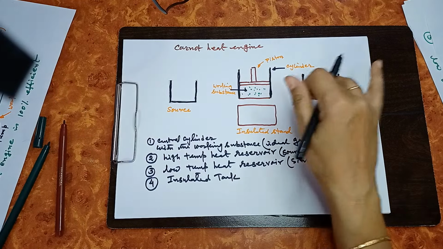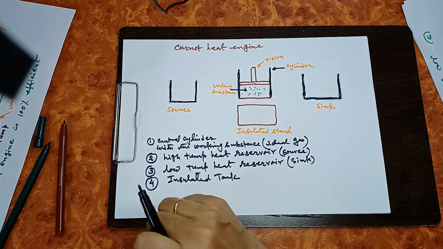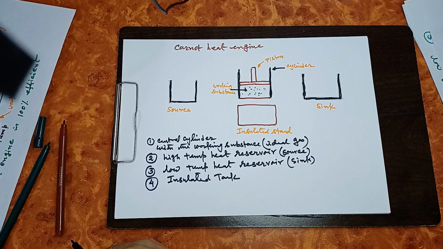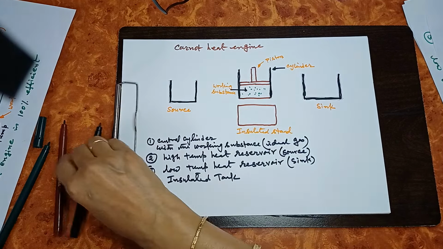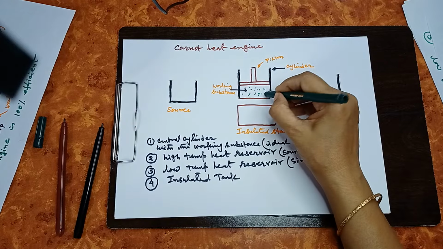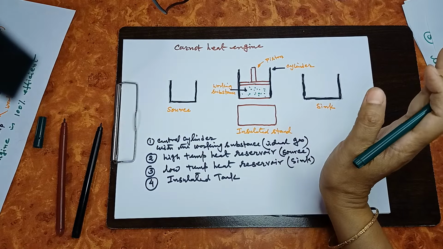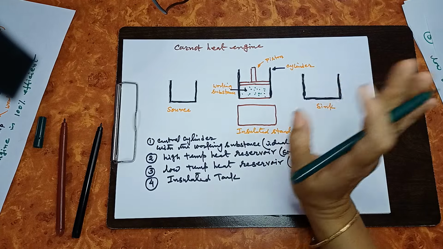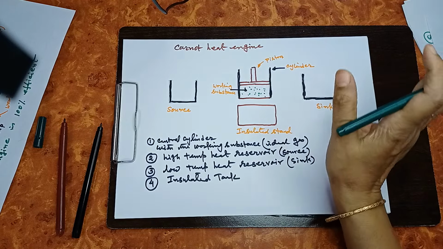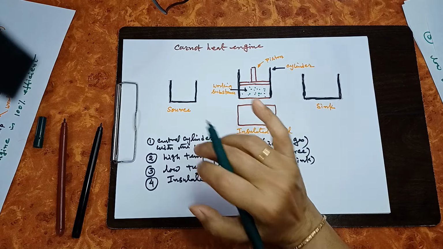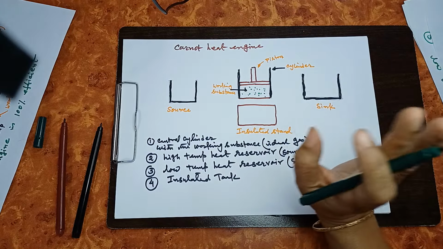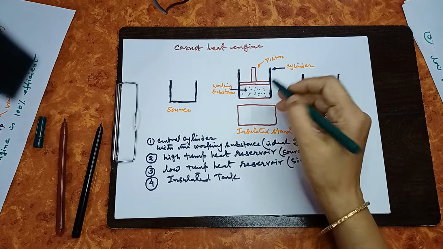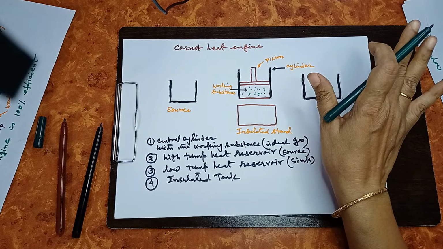Now, what are the limitations or drawbacks in this Carnot heat engine? First of all, in Carnot heat engine, the working substance is ideal gas. No gas behaves ideally under normal condition. You know that under very low pressure and high temperature, gases behave ideally. Otherwise, they will not behave ideally.